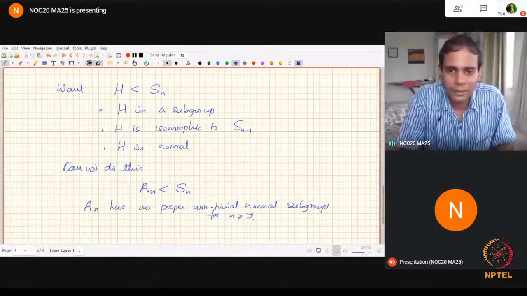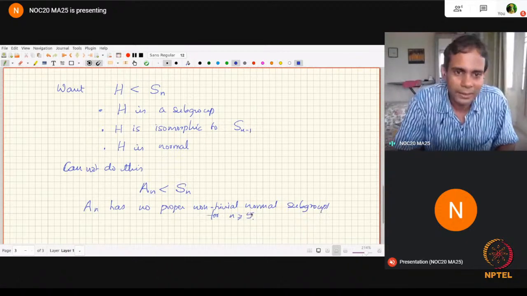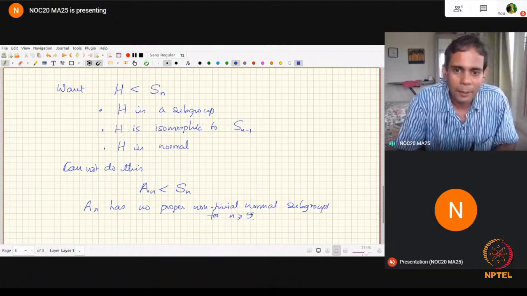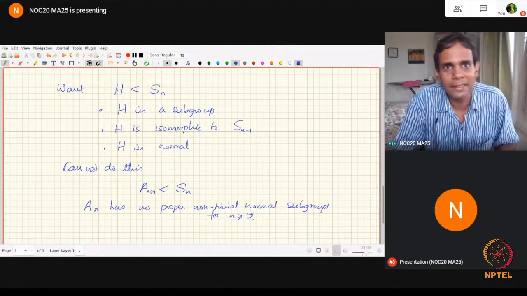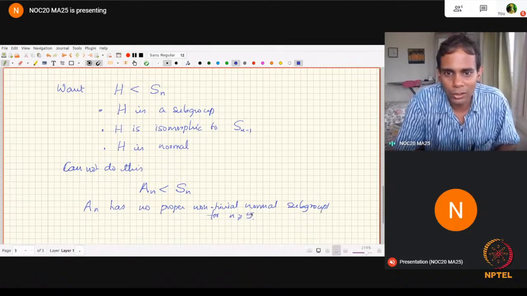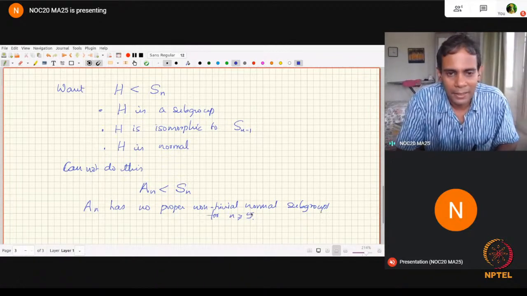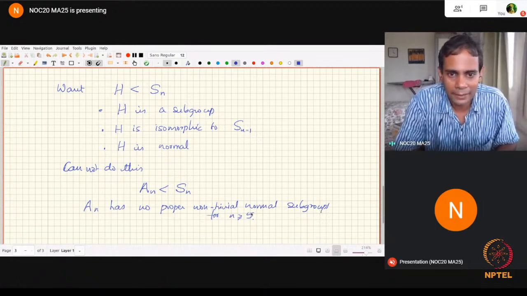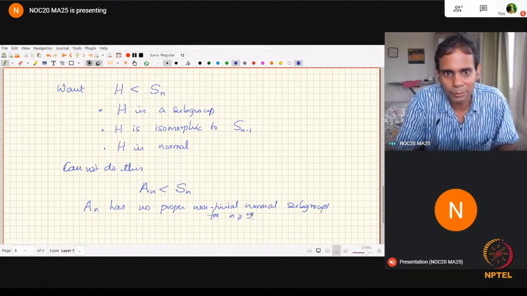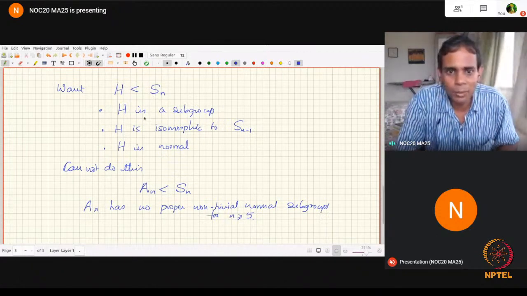I'm not going to prove this theorem. I'm not prepared to do that. It takes a little bit of work. But of course, we know the conjugacy classes in Sn, and that almost tells us what the conjugacy classes in An are. And using that, you can try to show that An has no proper non-trivial normal subgroups. So the only normal subgroup of Sn is An.